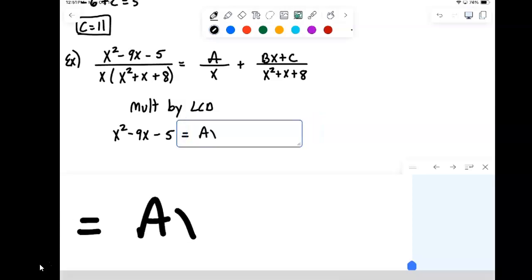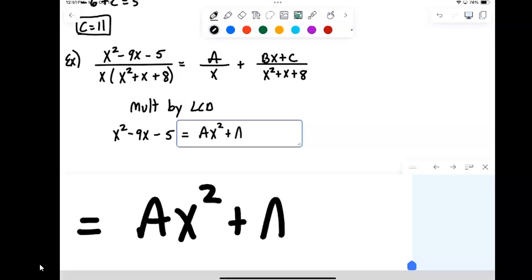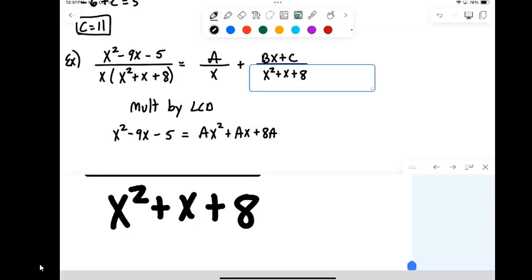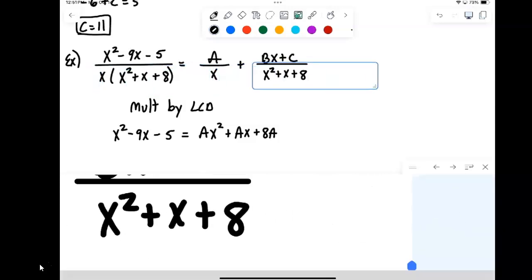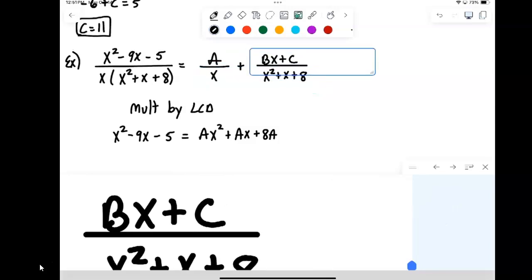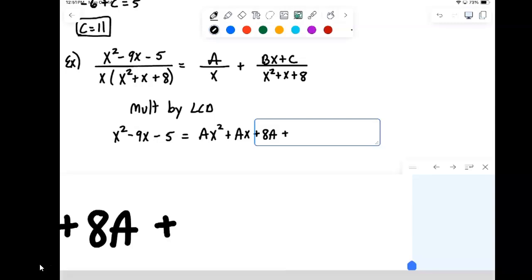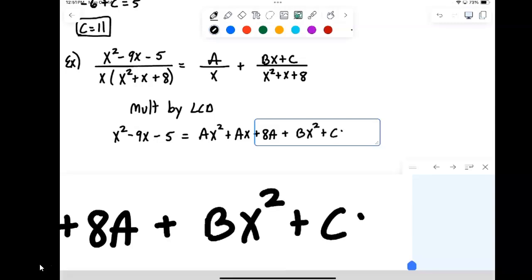That'll give me ax squared plus ax plus 8a. And then the x squared plus x plus 8 will cancel out, leaving you with an x to go with the bx and the c. So times x, that'll be bx squared plus cx.